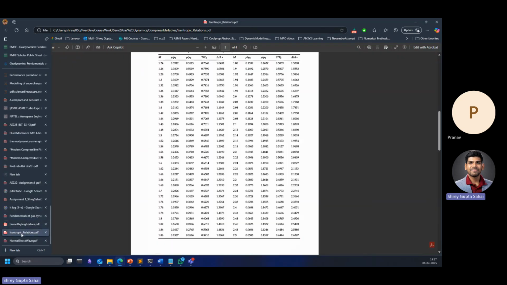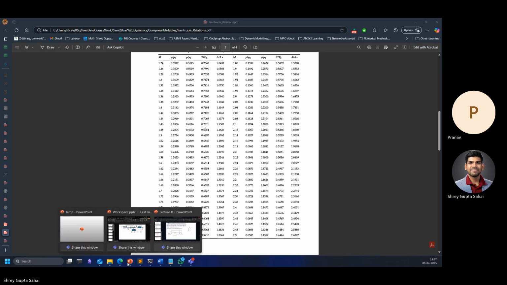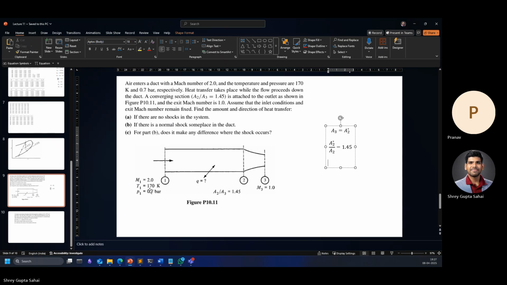So isentropic relations again, area ratio of 1.45. We need to find a sonic flow. So at 2, we expect the flow to be still supersonic. It can't reach a Mach number of less than 1.